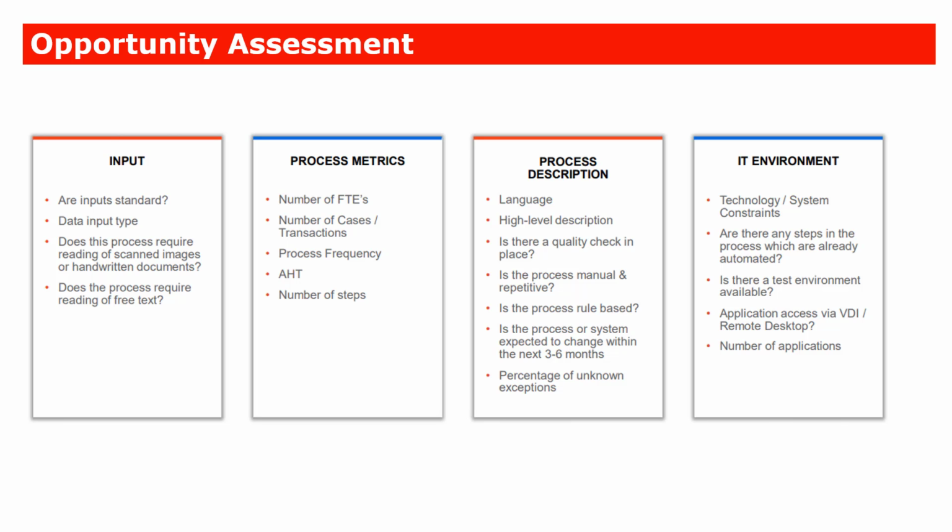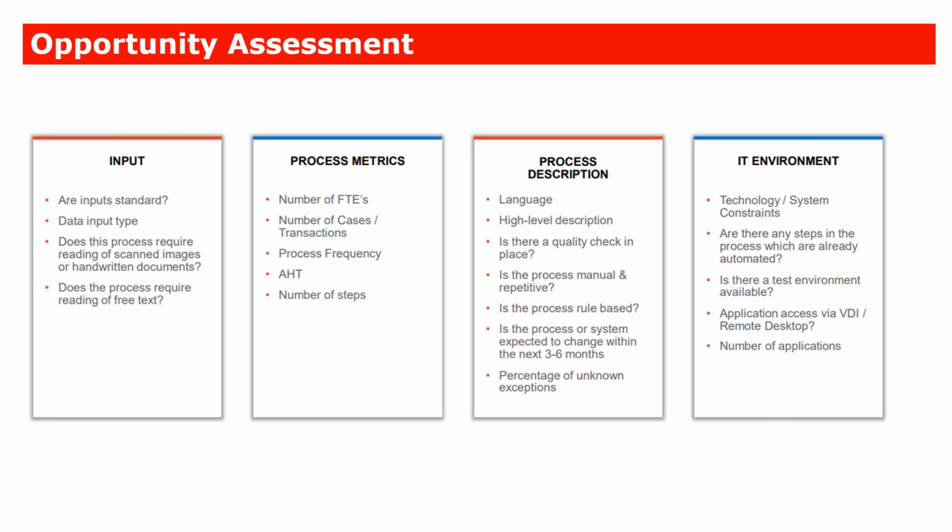You also ask about the number of steps that will be taken in the process. Are the number of steps less than 100 keystrokes and clicks, or higher? If higher, do they involve multiple applications? Then you talk about the process description, what the process exactly is. Is the process rule based?